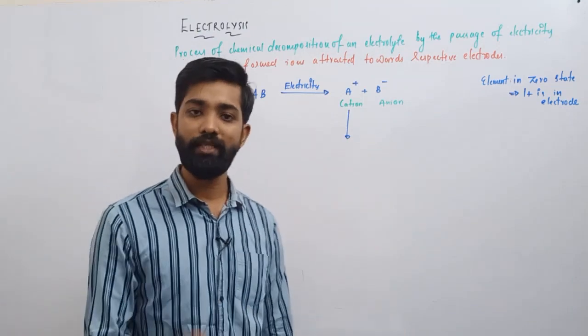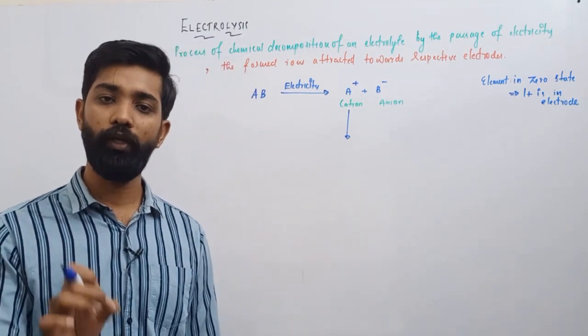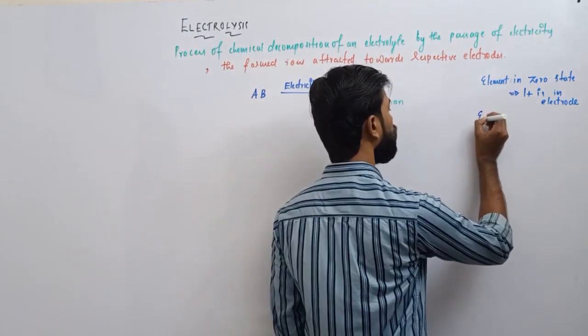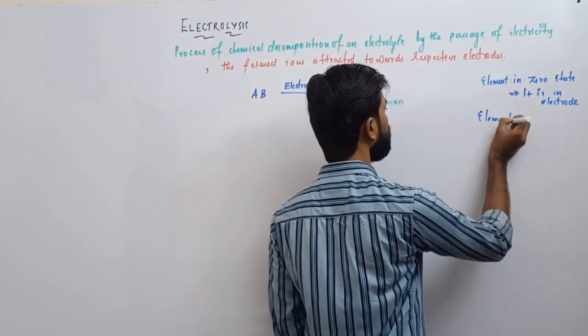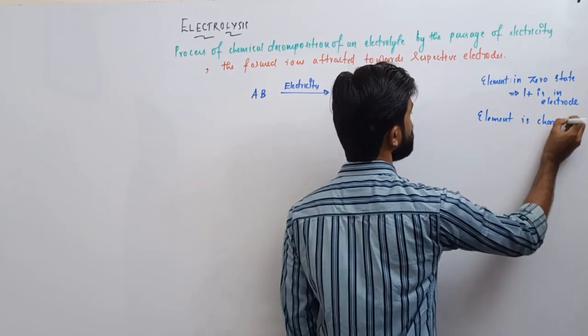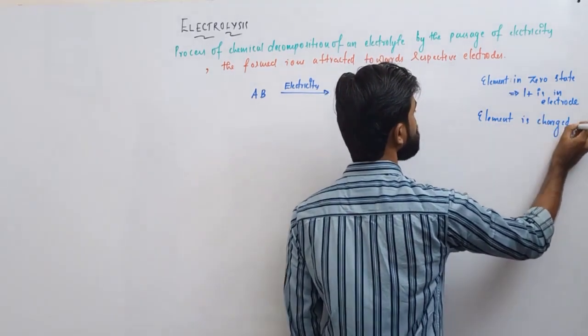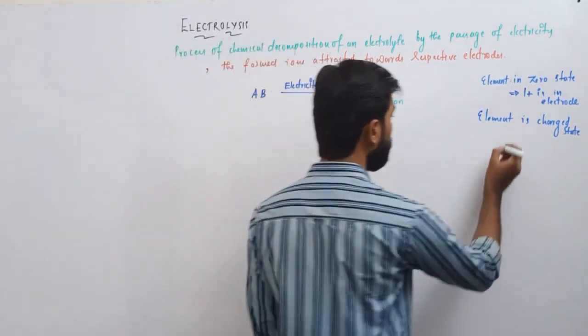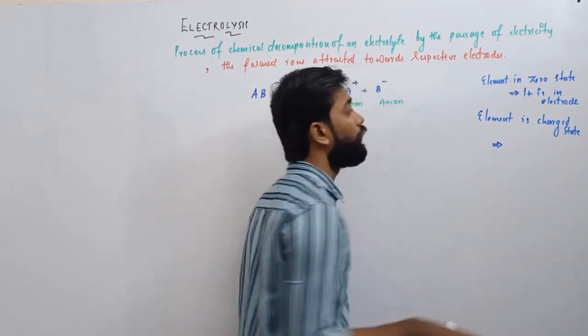If an element is in the zero state, then that element should be in an electrode, since it is in atomic form. If an element is in a charged state, meaning some kind of charge, positive or negative, in anionic or cationic form, whatever it may be, then it won't be in an electrode.